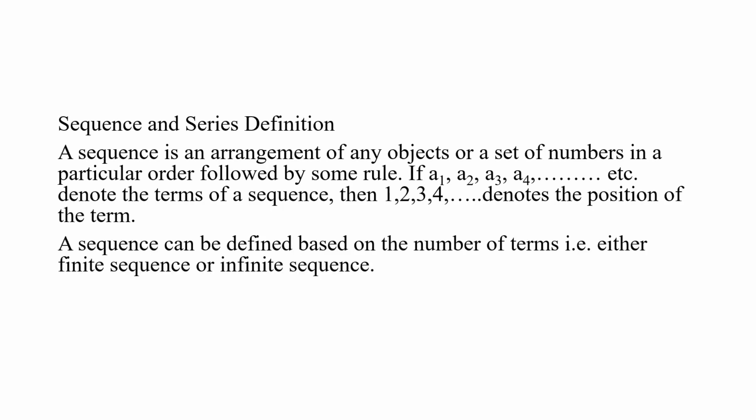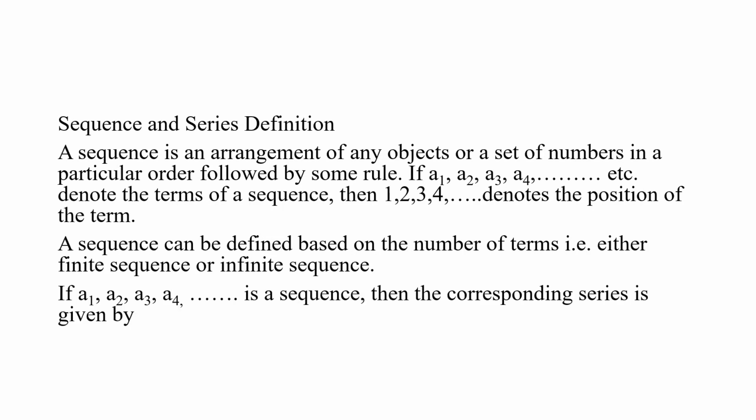A sequence can be defined based on the number of terms, that is either finite sequence or infinite sequence. If A1, A2, A3, A4 is a sequence, then the corresponding series is given by Sn equal to A1 plus A2 plus A3 plus ... plus An.